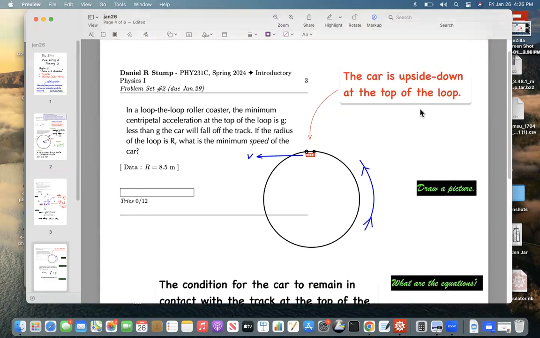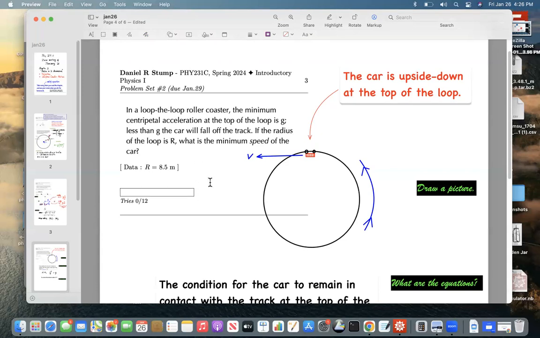So here's another problem. This is again involving circular motion. It's a loop-de-loop roller coaster. A car comes down the roller coaster, it comes to the bottom, then it goes into a loop-de-loop. So it goes around a circle like this.